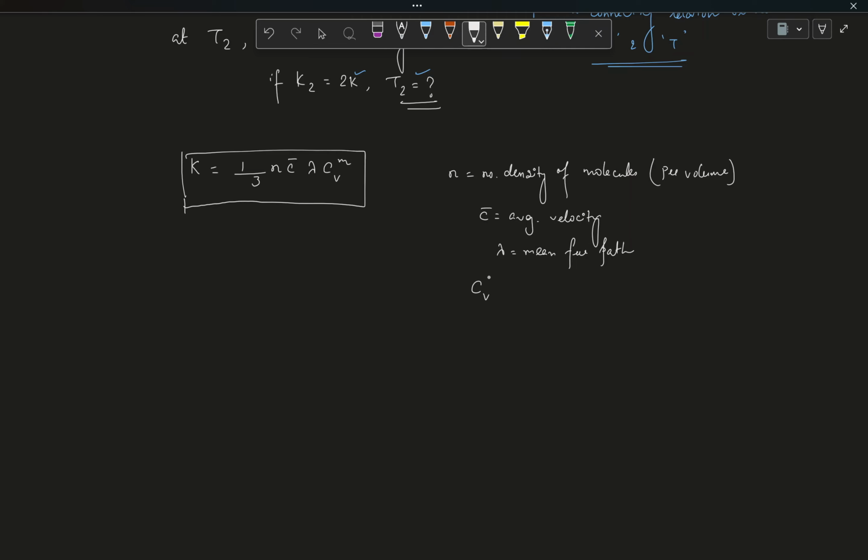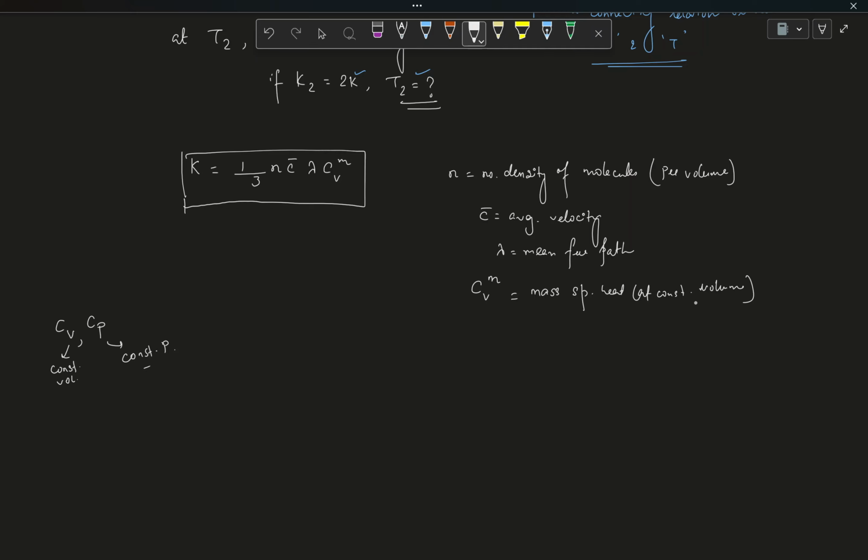And this CVM is interesting. Whenever you have CV, this is the specific heat at constant volume, because for ideal gases there is one specific heat as CV and the other as CP. Subscript V means constant volume specific heat, and subscript P means constant pressure specific heat. But what does this superscript M mean? It means the mass specific heat at constant volume.